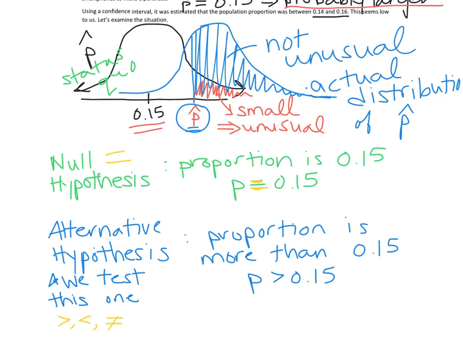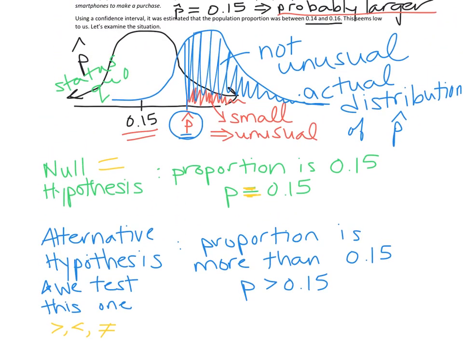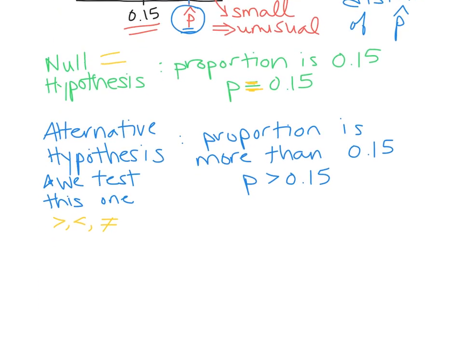Okay, so let's put into words what this process was when we took our p-hat, our new sample proportion, to test this claim. All right, so remember what happened when we were on our old curve. We took a new sample and looked at the new proportion, and it was considered unusual, right? And it wasn't by chance, it's because the actual distribution was shifted. This original 0.15 was too low. Let's write that out.